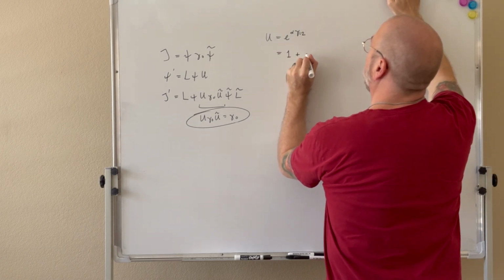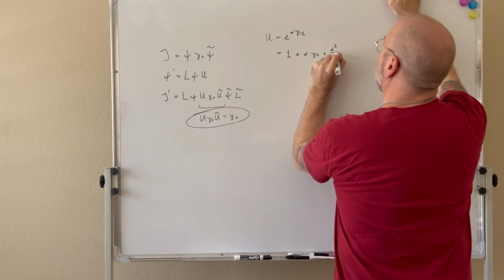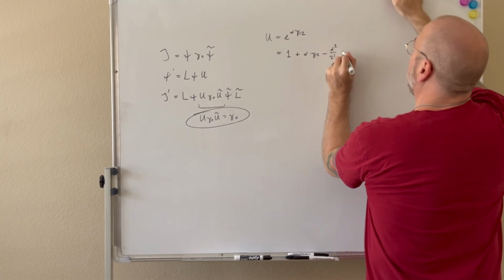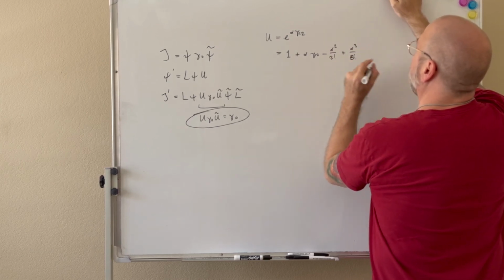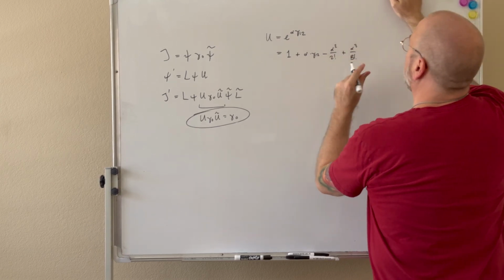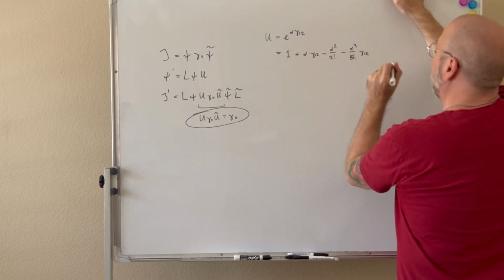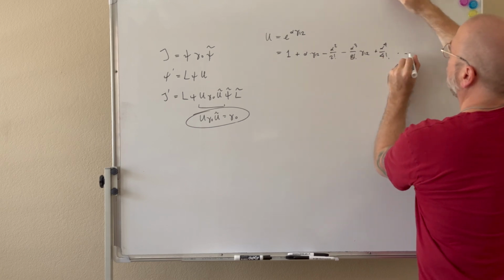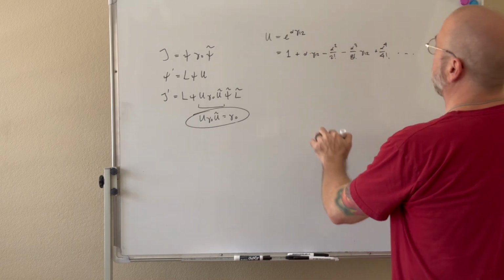So 1 plus alpha times gamma 1, 2 plus alpha squared over 2 factorial. Gamma 1, 2 squared is actually negative 1 plus alpha cubed over 3 factorial. But then we have this minus gamma 1, 2 plus alpha to the 4th over 4 factorial. Right? Simple expansion.